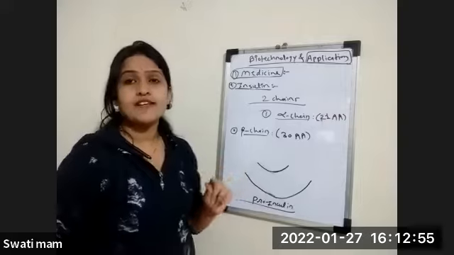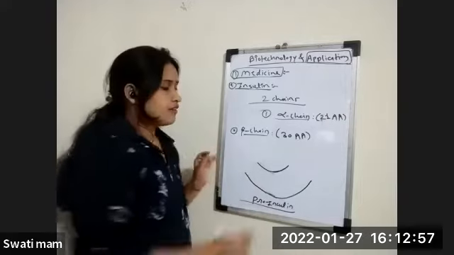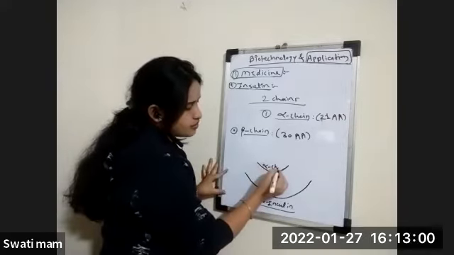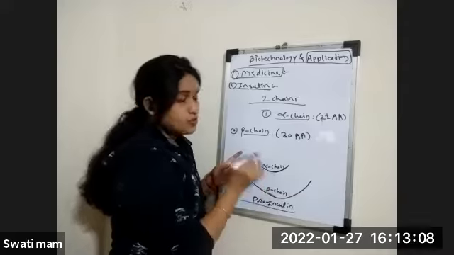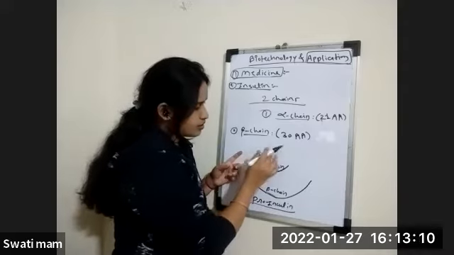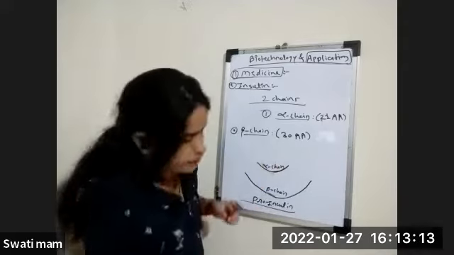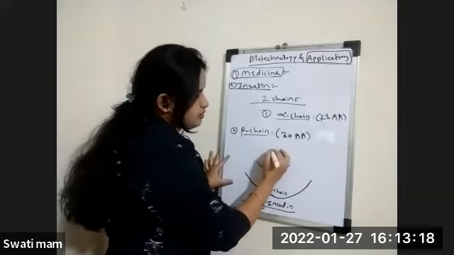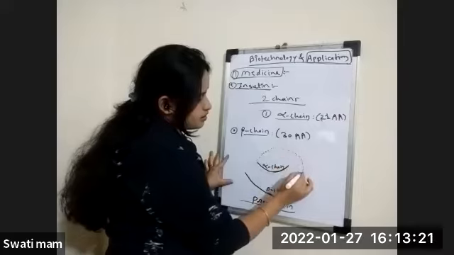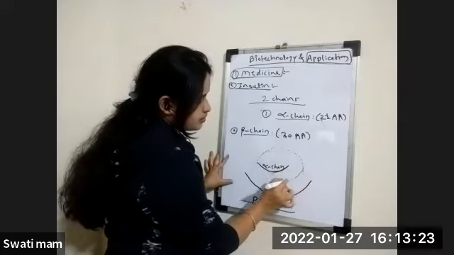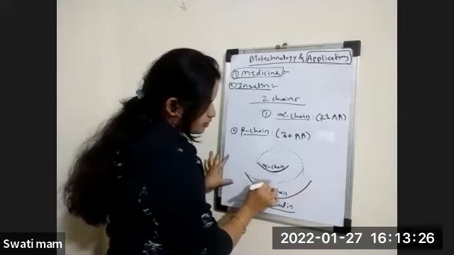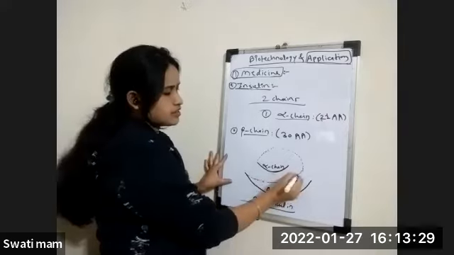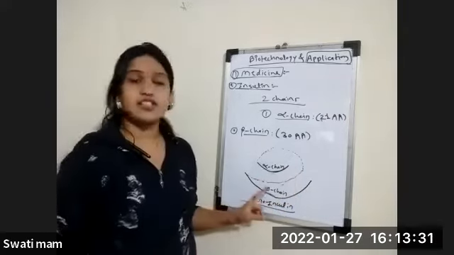But when the C chain is present, see, this is the alpha chain and this is the beta chain. If there is a C chain along with the alpha chain, for example, see, I'm using a different pen, this is nothing but the C chain, which attaches the alpha chain and beta chain.